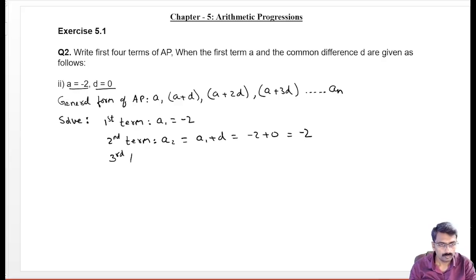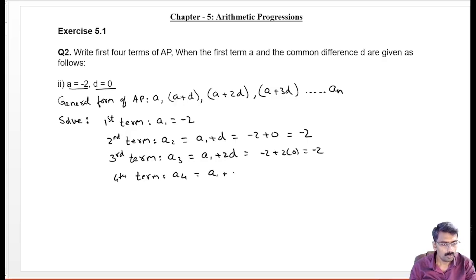Third term, a3, that is equals to a plus 2d, that will be equal to -2 plus 2 times 0, that is nothing but -2. And the fourth term, a4 will be equal to a plus 3d, that is equals to -2 plus 3 times 0, that will be also equal to -2.